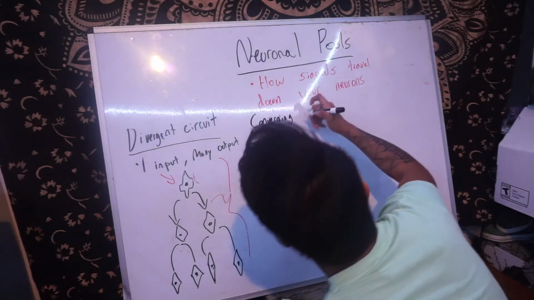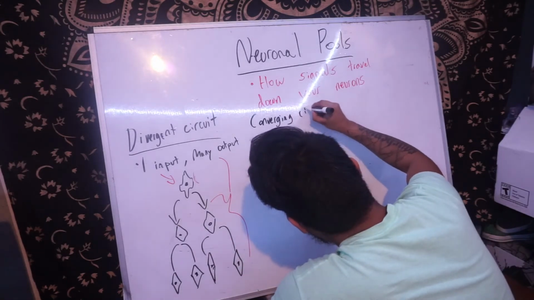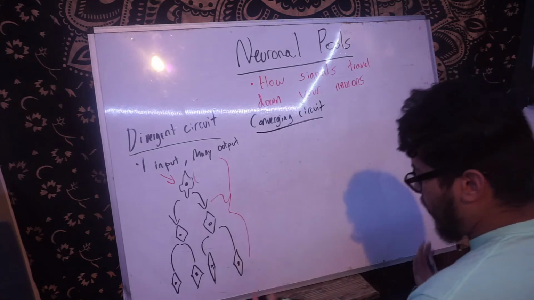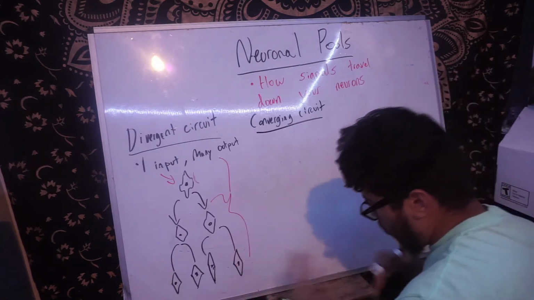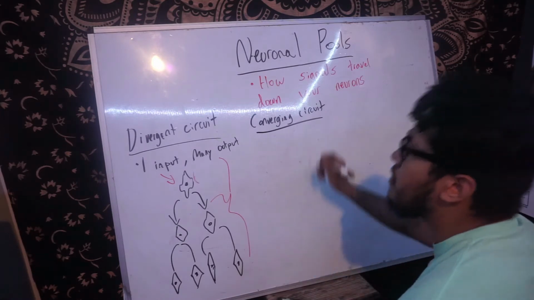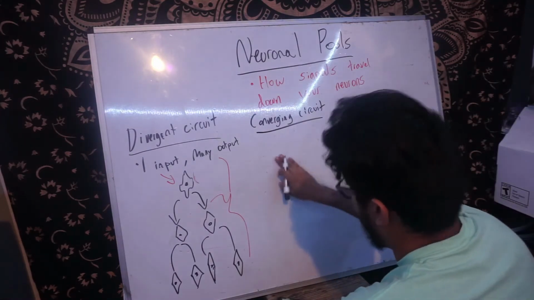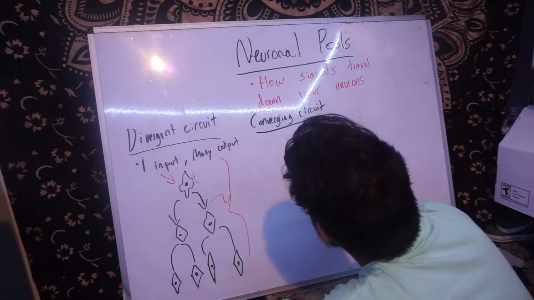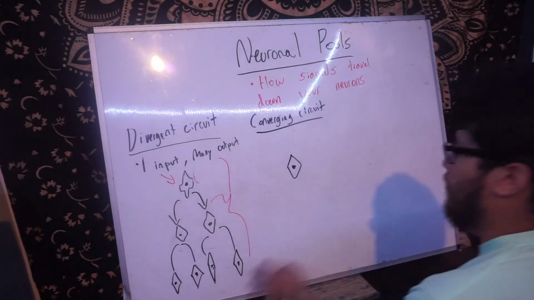The converging circuit, right? And these are basically many inputs but one output. So let's say we have one neuron here, and he's just hanging out.